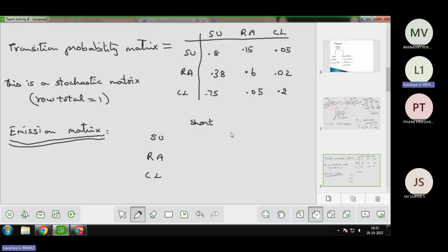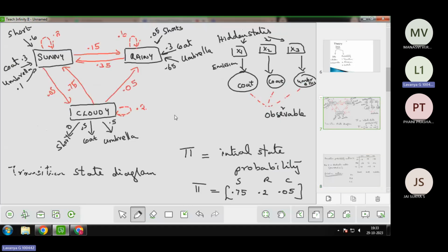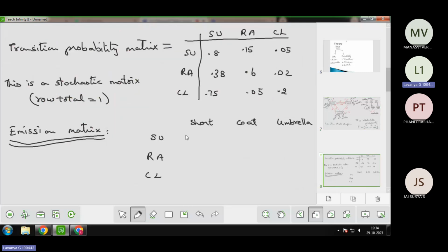Whether he's going to wear shorts, or whether he is going to wear a coat, or whether he is going to wear an umbrella. So from sunny, wearing shorts, coat or umbrella is 0.6, 0.3, 0.1. It is shown in black in the figure.